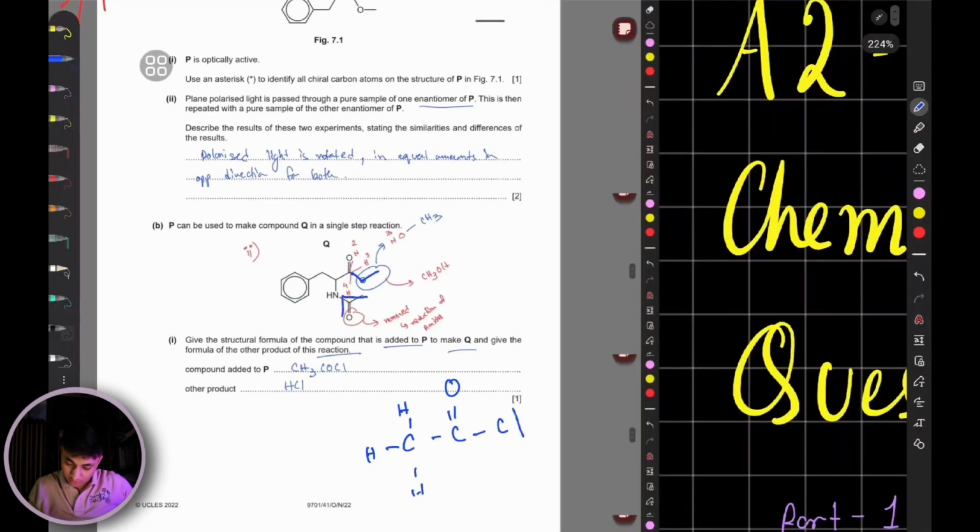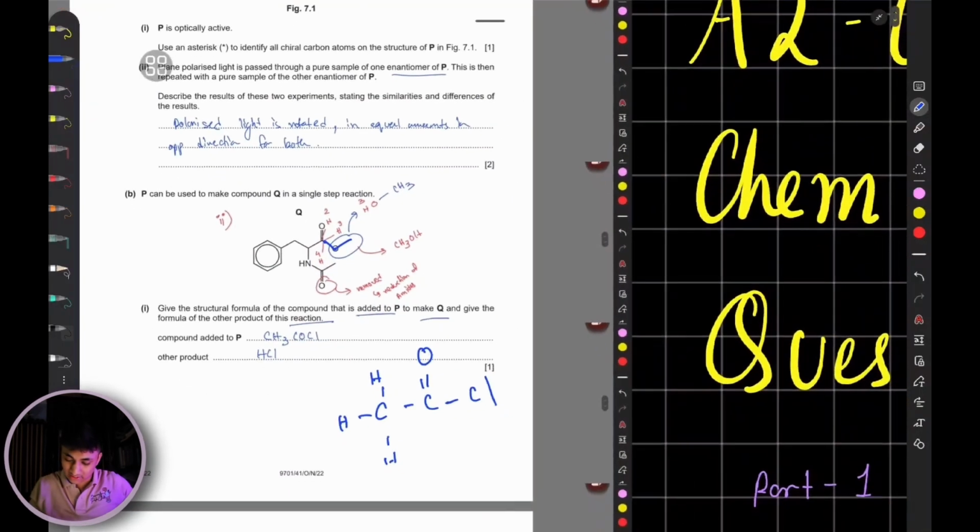So what you see over here is a ketone group, right? Now to be able to put this structure, notice there is a CH3 over here. That is this carbon atom bonded to three hydrogen atoms, and this carbon atom bonded to your oxygen atom.